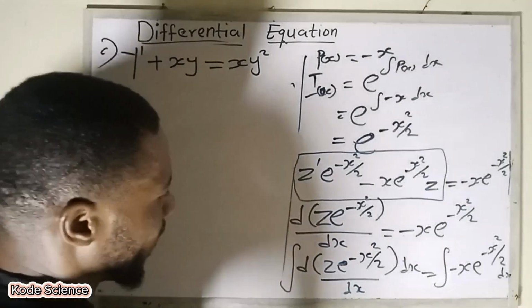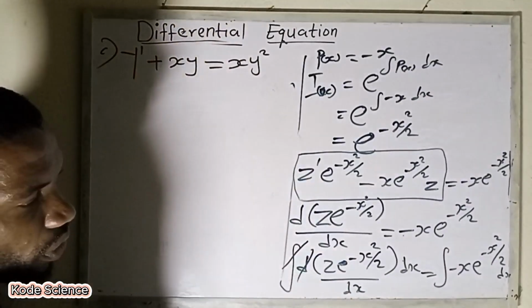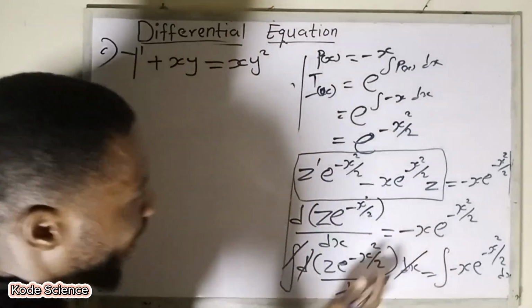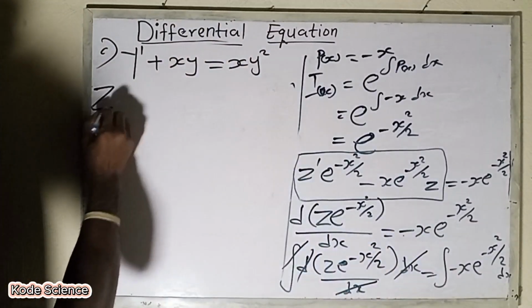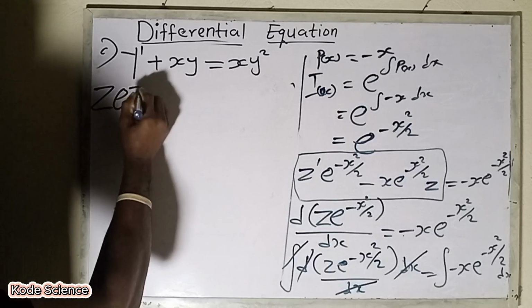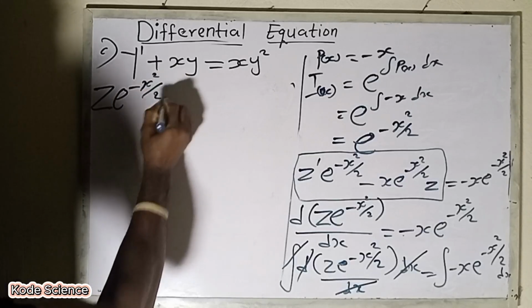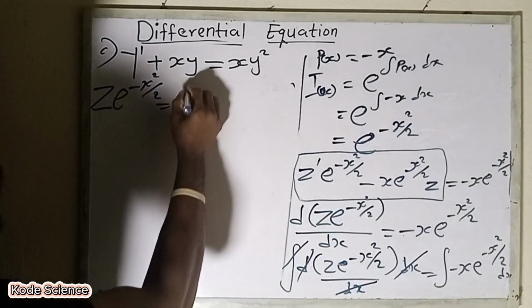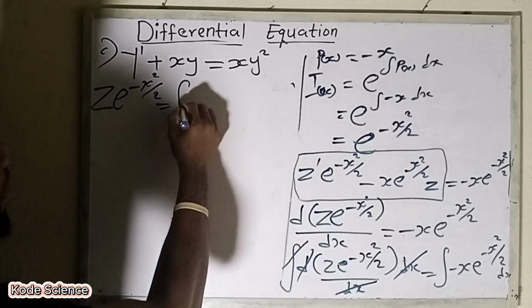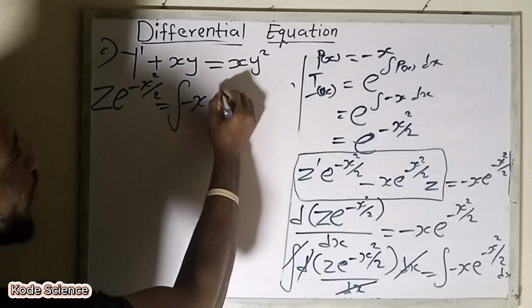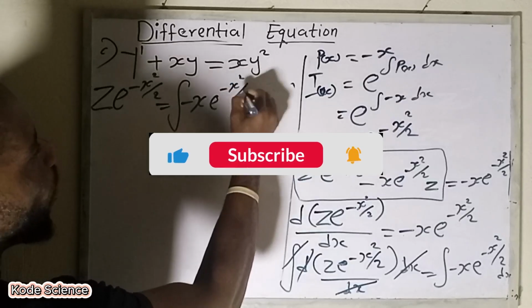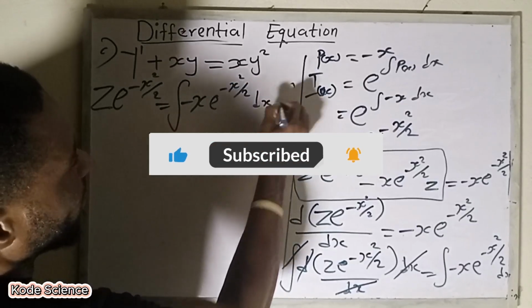When we integrate, the integration will take away the differentiation here. Our dx will take away dx here. So we are going to end up having z exponential negative x squared over 2 is equal to the integral of minus x exponential minus x squared over 2 dx.